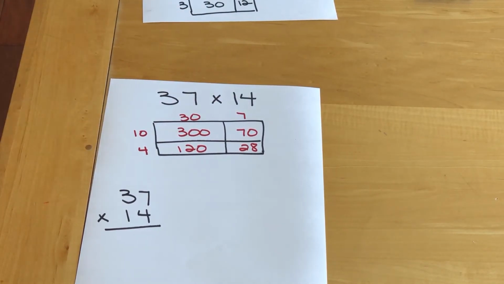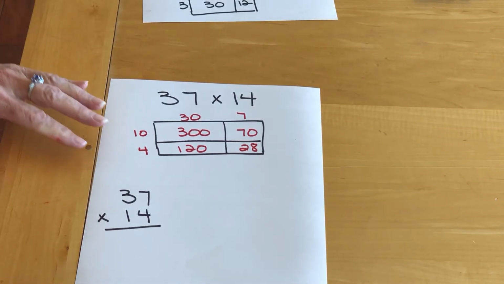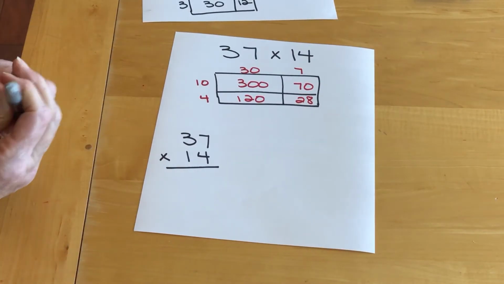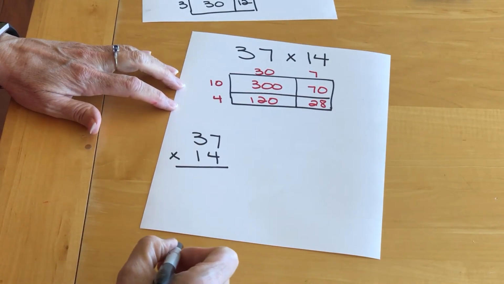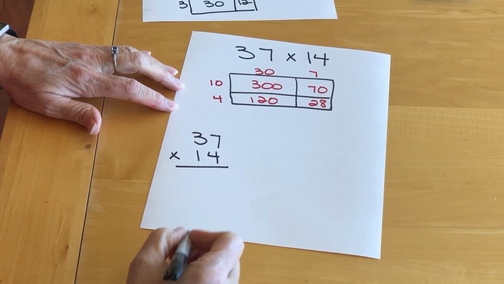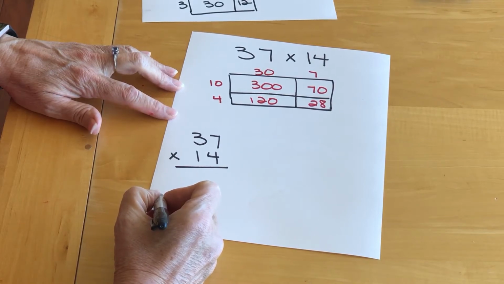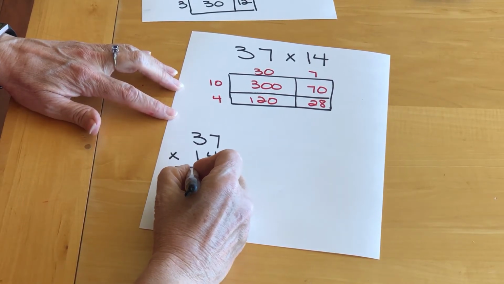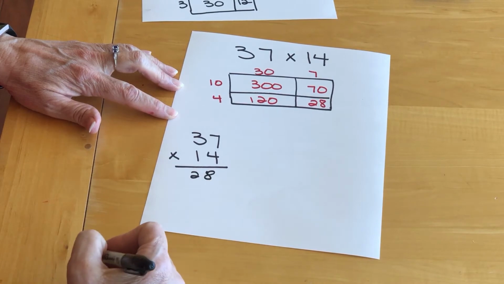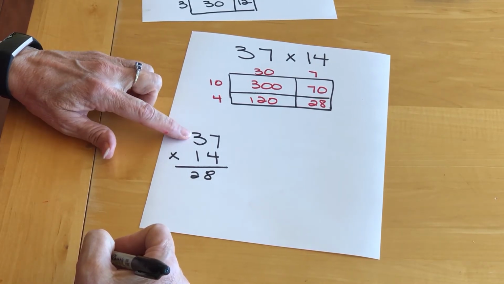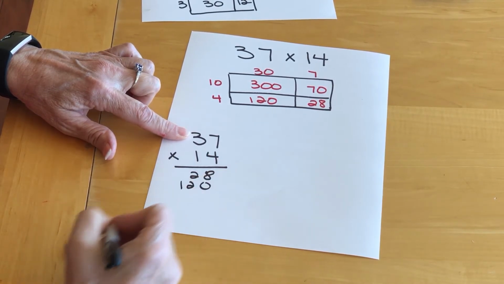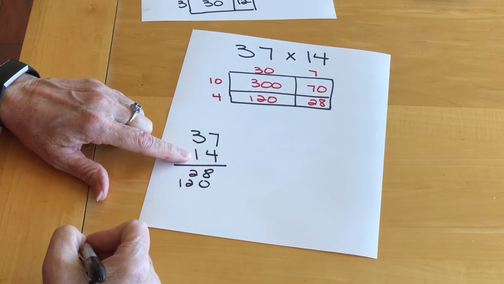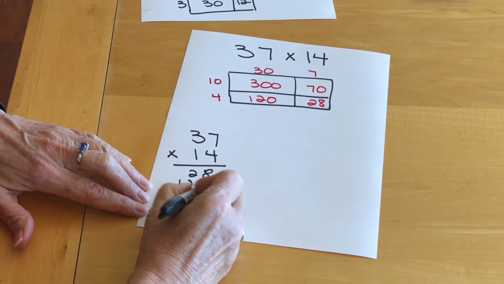When we then record this with understanding and by using the concept of place value, this is what it initially looks like. 4 times 7 is 28. 4 times 30, it's not just 4 times 3, 4 times 30 is 120. 10 times 7 is 70.